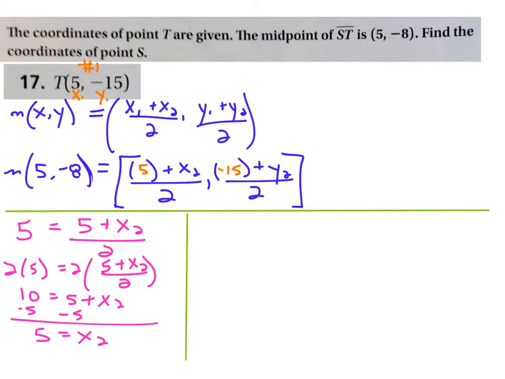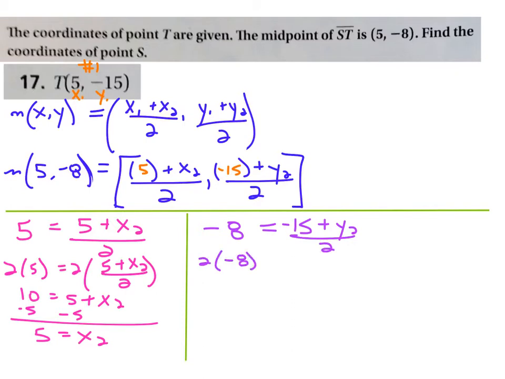And let's do the next one in purple. So we're going to take now the y coordinate of the midpoint, which was -8. And we're going to say -8 is equal to -15 plus y2 all over 2. And we have to do the same thing.